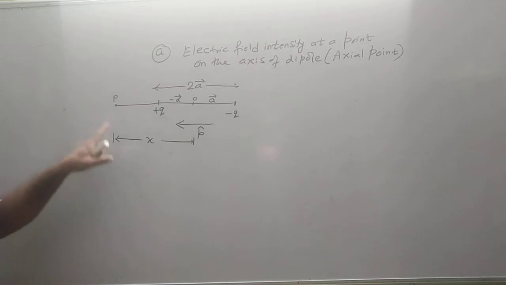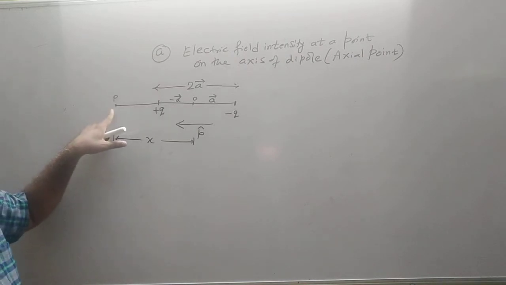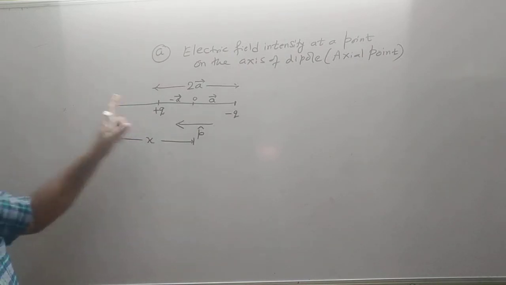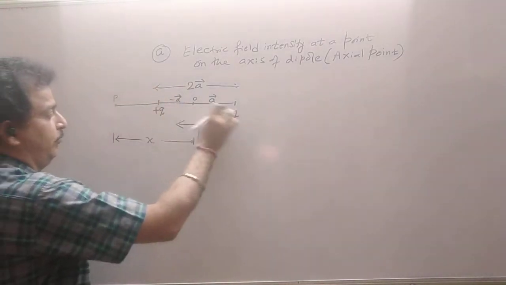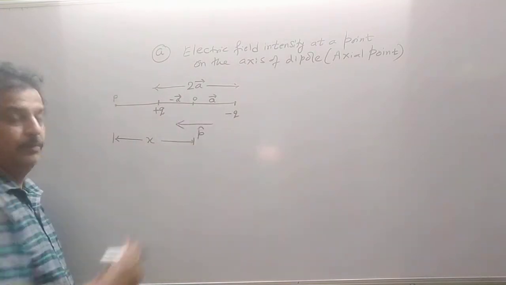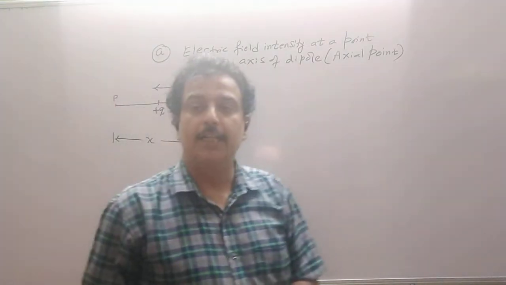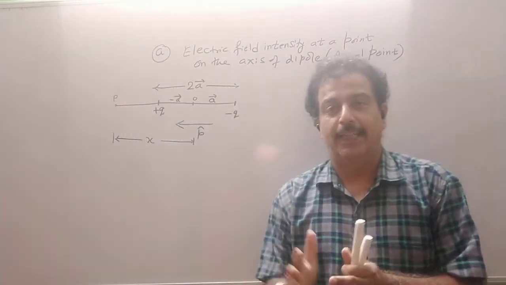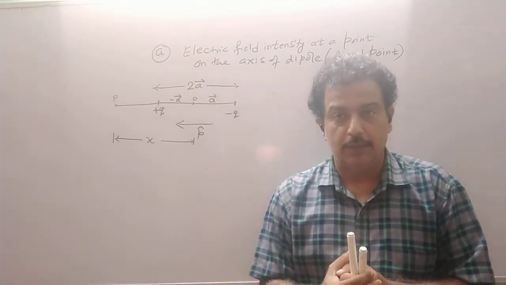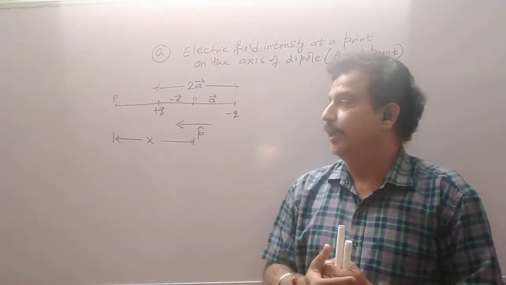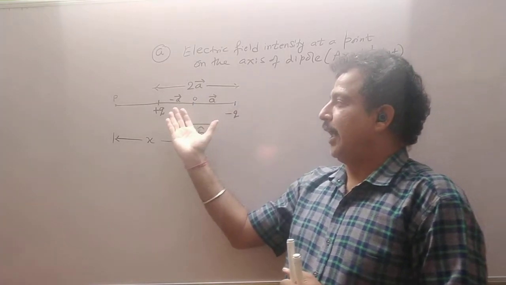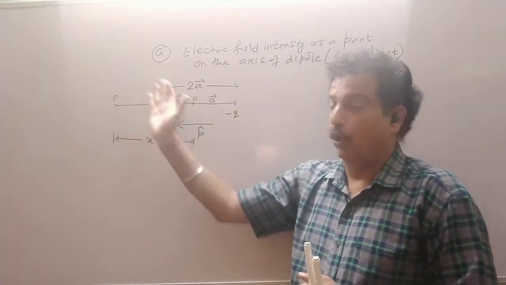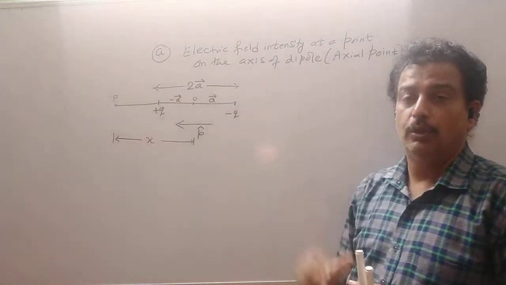So I consider a point P. It is not necessary that I should consider a point outside plus q. You may consider point P outside minus q. In between we are not taking, because it is a system of two equal and opposite charges. Take NaCl, they have already formed the bond, so we cannot place a point P in between Na and Cl. So we are taking a point either outside Na or near to Na or near to Cl.